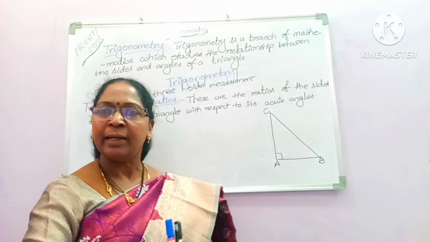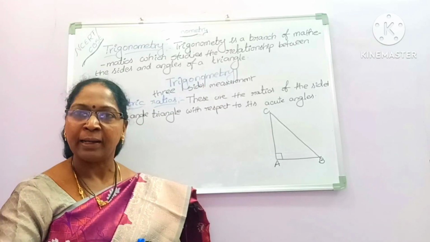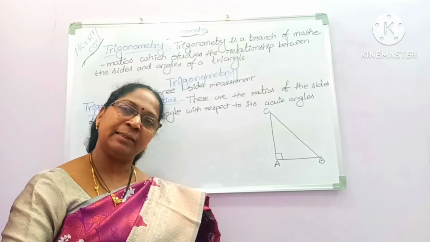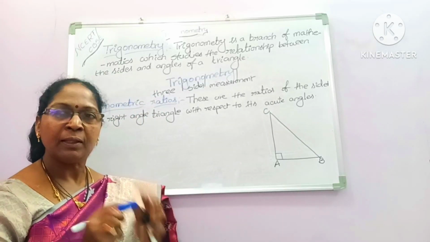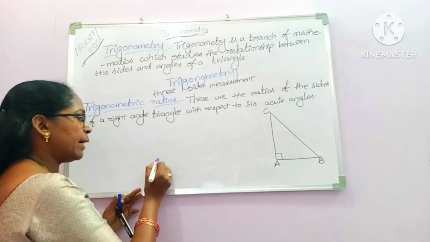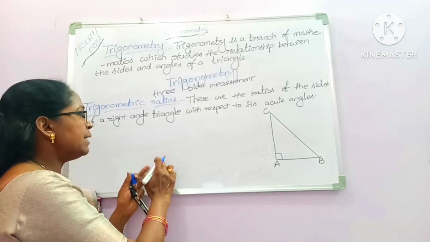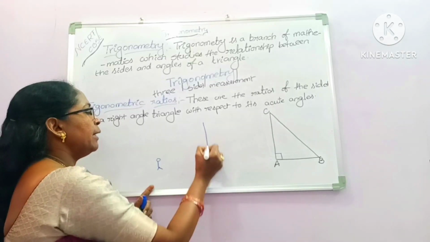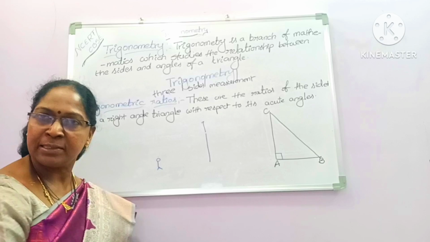So if you want to measure any height, for example any temple height or electric pole height or any hill height, then how can you find out? Suppose one person is standing outside and he is observing one electric pole. Suppose this is the electric pole. He is observing from here to this electric pole height.